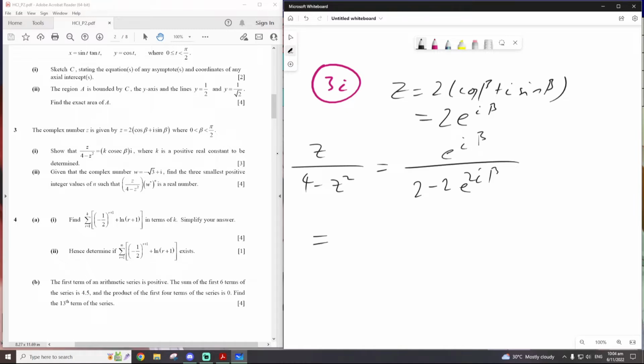Okay, and here is what I'm going to do. I'm going to actually factor out the half first. And what's going to happen is I'm going to multiply the top and bottom by e^(negative i beta).